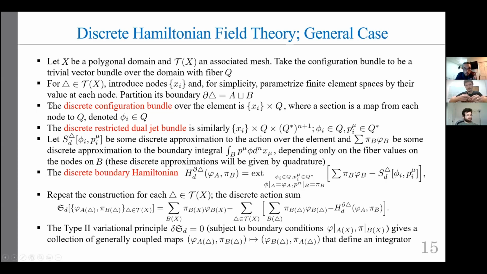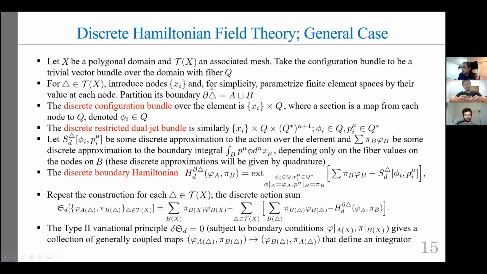For every n plus 1 simplex of this mesh, we introduce nodes on the simplex, and then we introduce finite element spaces over these simplices. If you're not too familiar with finite element theory, just think of this as introducing some finite dimensional subspace corresponding to each simplex.